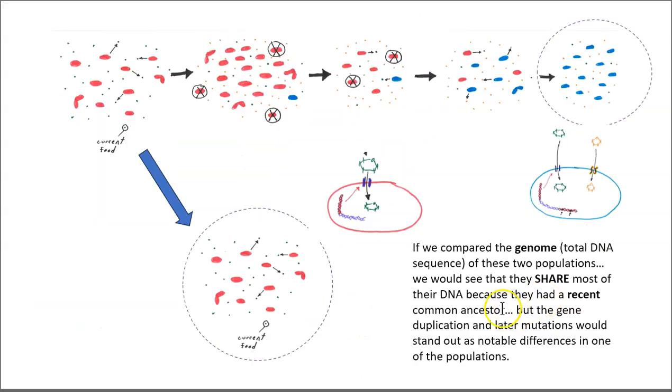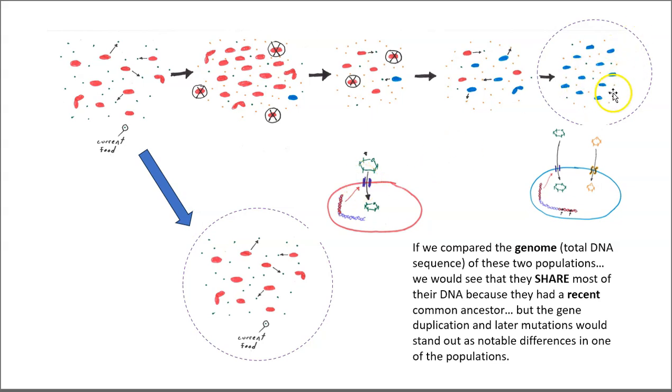Now, if we compare the genome, that's all the DNA in an organism, of the two populations, we would see that they share most of their DNA because they had a recent common ancestor, but the gene duplication and later mutations would stand out as notable differences in one of the populations. So here's the red bacteria. They stayed in the old environment, and they're capable of eating the green food because they have the transporter gene making that protein channel.